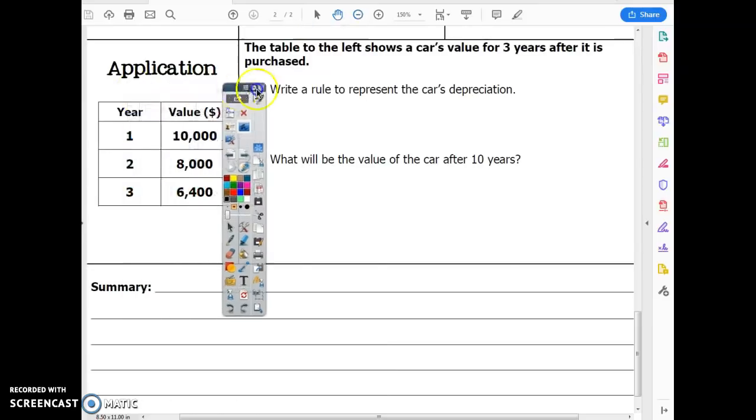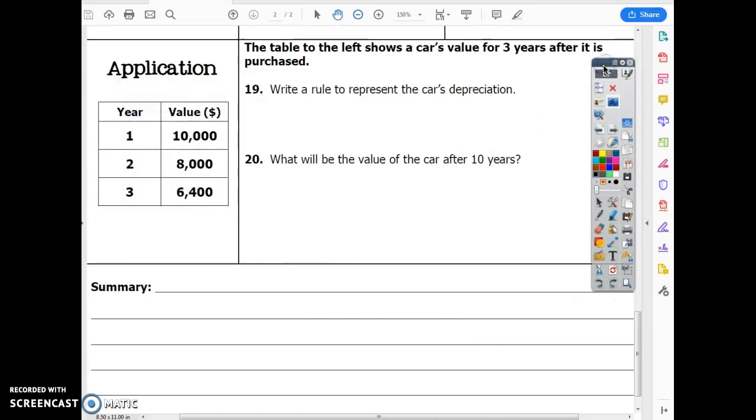Okay? And we're going to use the same formula because it's talking about 10 years after. So right now it's showing you all the way to 3 years after. And it's saying that it's depreciating. That means the value is going down from 10,000 to 8,000 to 6,400. So we need to know how much it's going down by. So we're going to find the R, right?